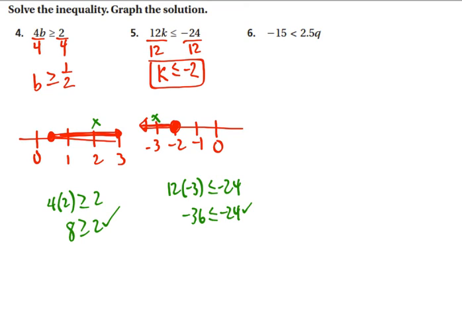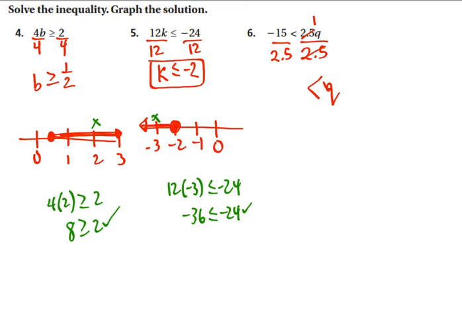Negative 15 is less than 2.5q. Divide both sides by 2.5, and that gives us q. And negative 15 divided by 2.5, I want to say it's 6, but I'm going to double check real quick. Well, negative 6 in this case.